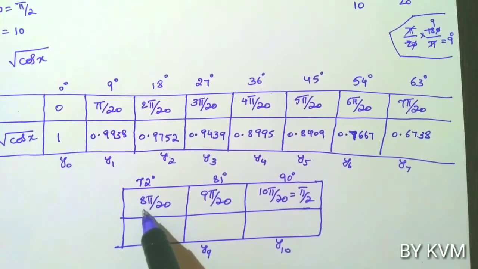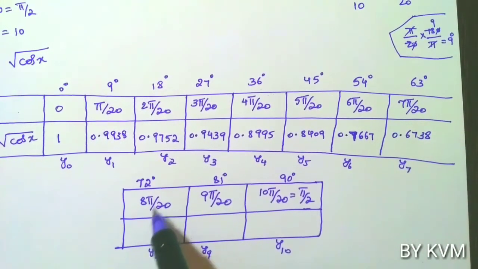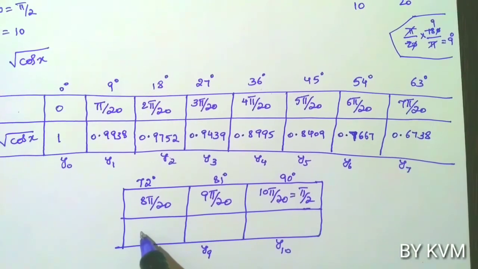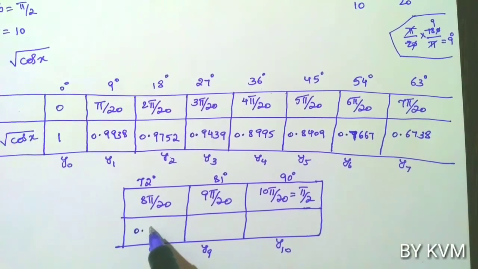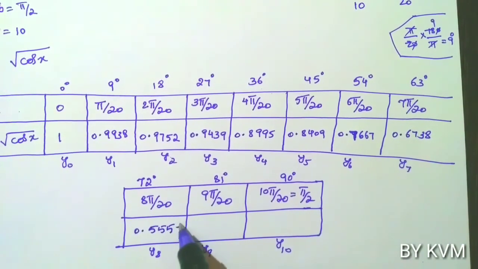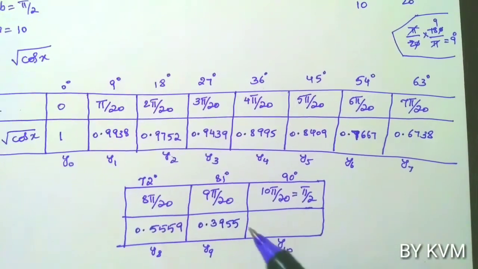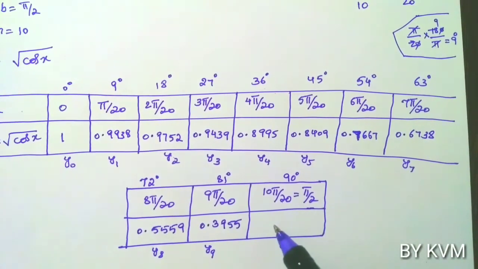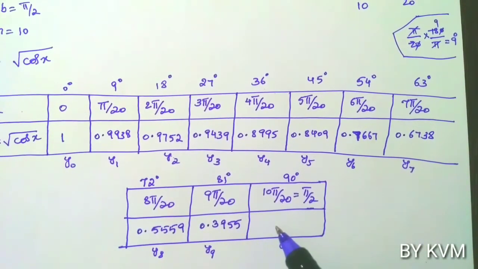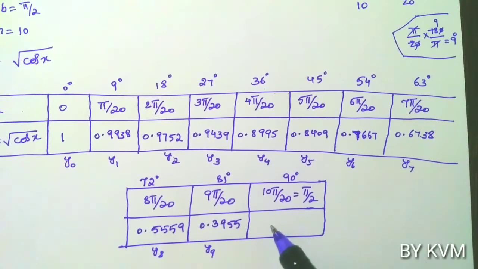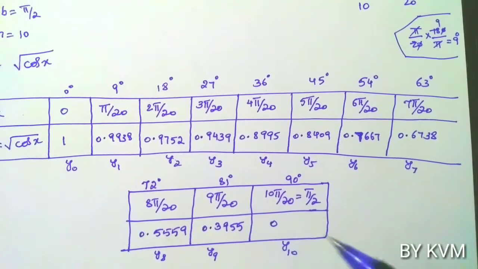Square root of cos 8 pi by 20 is 0.5559. Square root of cos 9 pi by 20 is 0.3955. Square root of cos 10 pi by 20: cos 90 is 0, so the square root is 0.